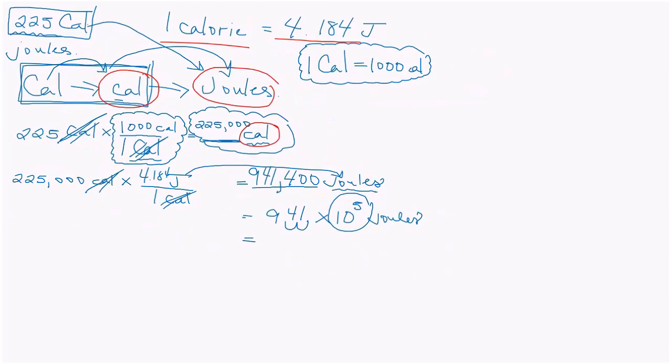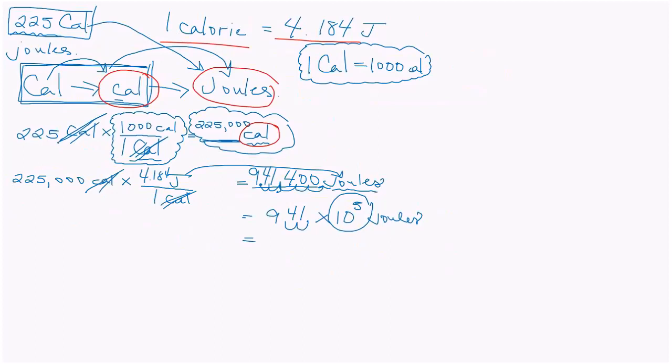So if the decimal was here, and you move it over 5, 1, 2, 3, 4, 5, it's the same answer. So this is called scientific notation, and we use that when we want to express an answer in a specific number of decimals.